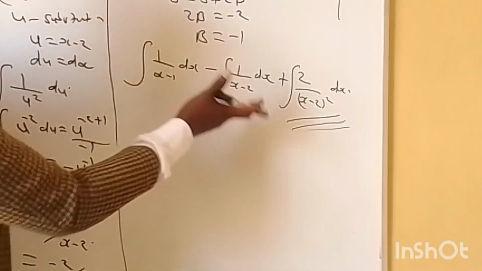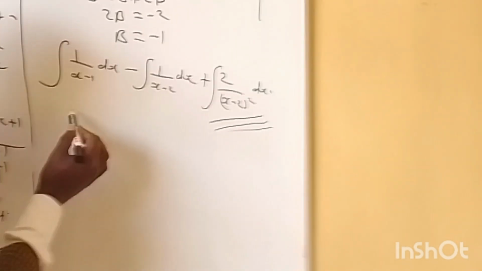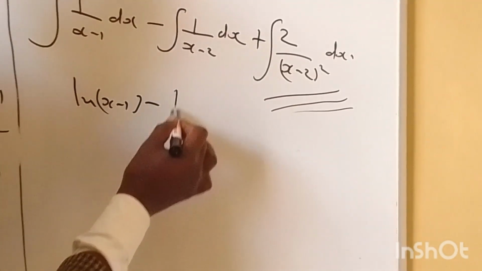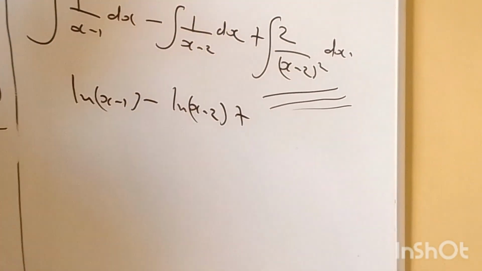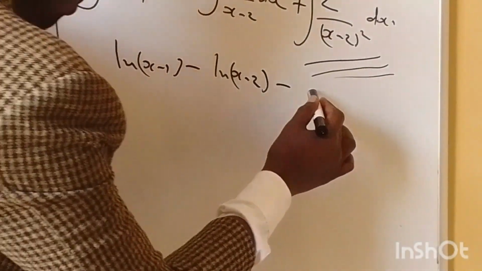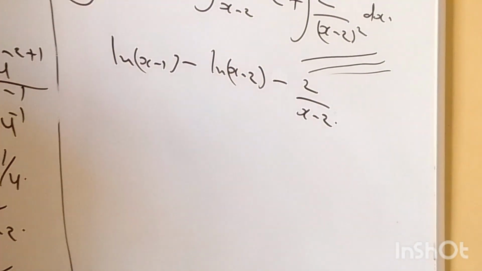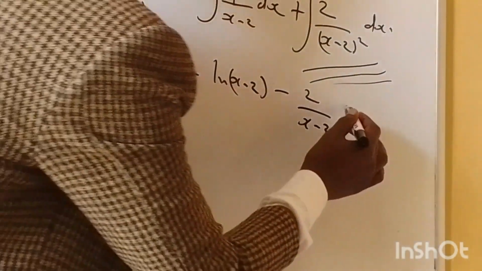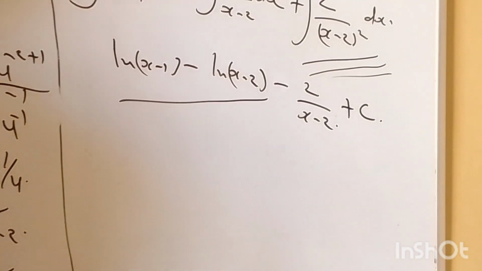So let's finalize it here. The integral is ln of x minus 1 minus ln of x minus 2, and we have a minus 2 over x minus 2. Remember, if you're getting the integration, then you need to add c. But now I can put this as a single log.